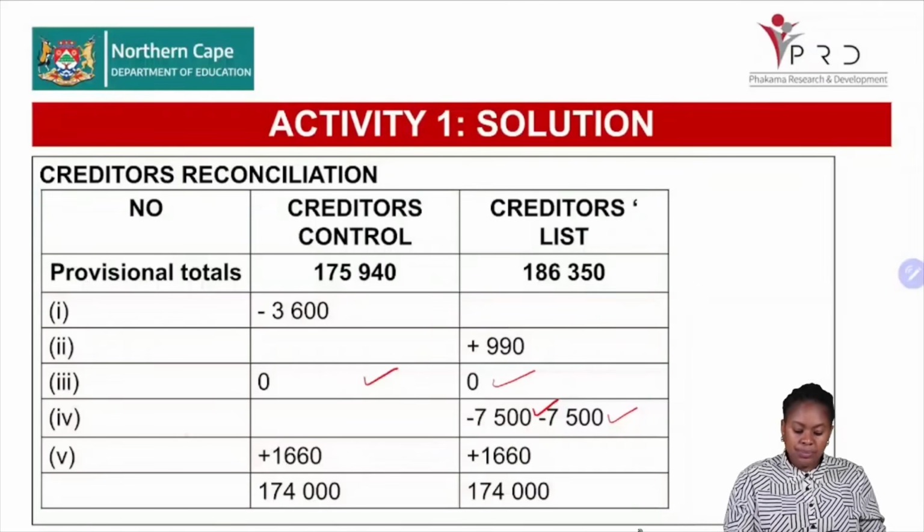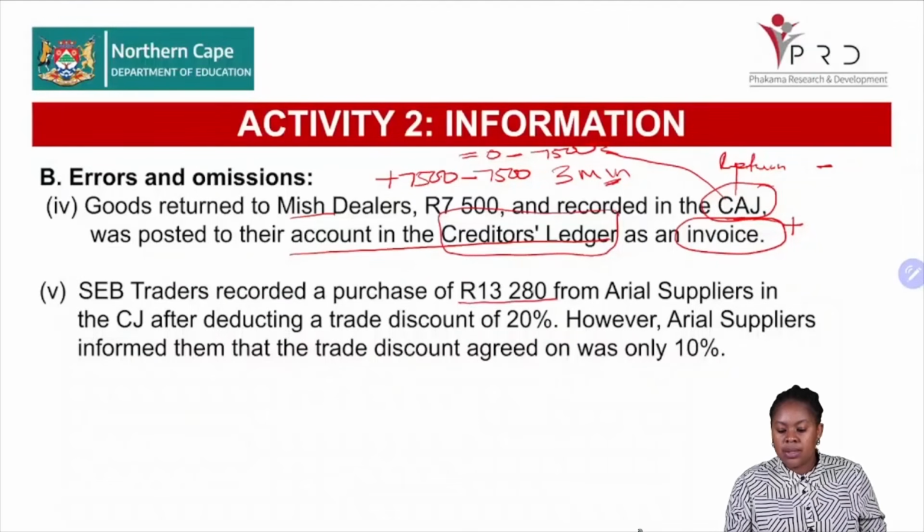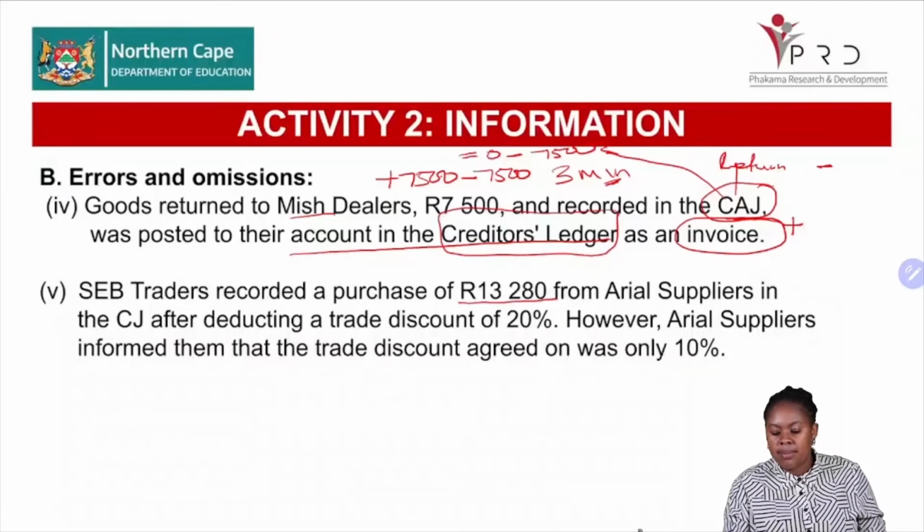Okay. Then the transaction number 5 says the following. It says SEB traders recorded a purchase of 13,280 from aerial suppliers in the CJ after deducting a trade discount of 20%. So this amount is representing 80%, okay?